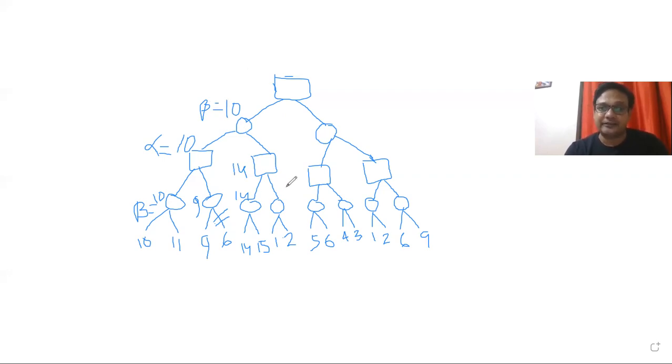But if it is less than 14, there will be no effect in this value. So the result will be same. The result will be 10 here. For beta, it will remain 10. Okay, so this arc can be discarded.